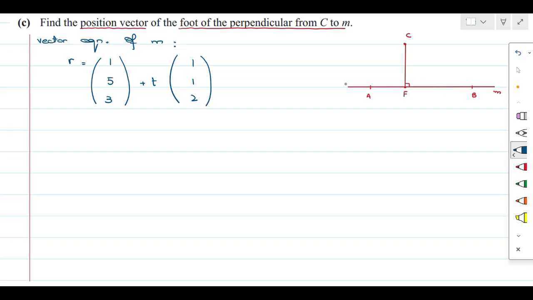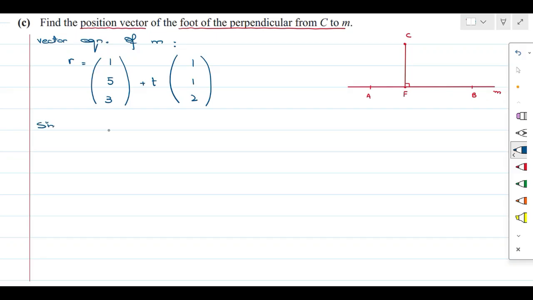So this is the vector equation of the line M which passes through the points A and B. So we have to take a passing point, whether A or B, and we need the direction vector AB or BA, right?